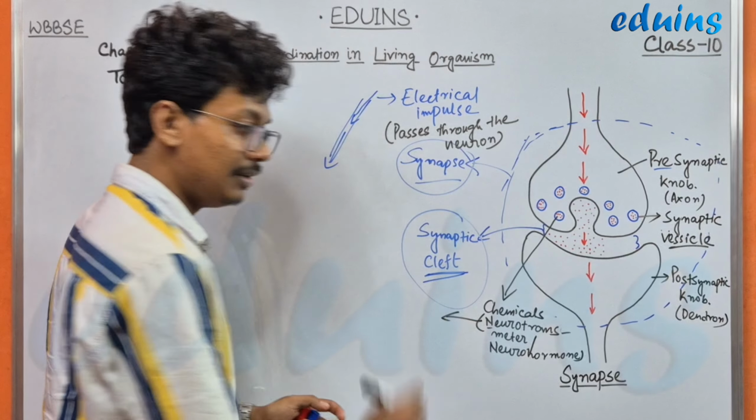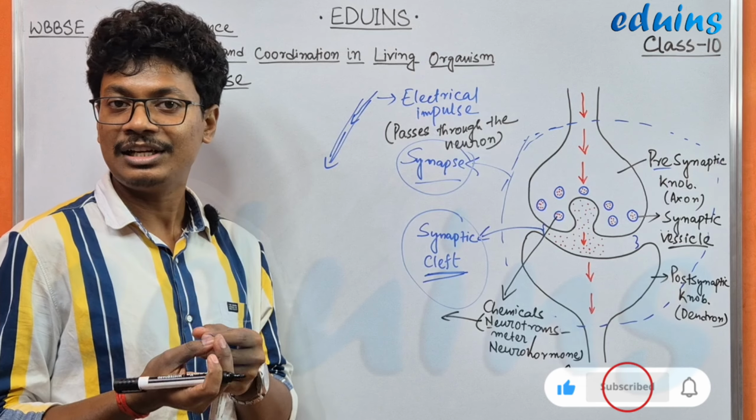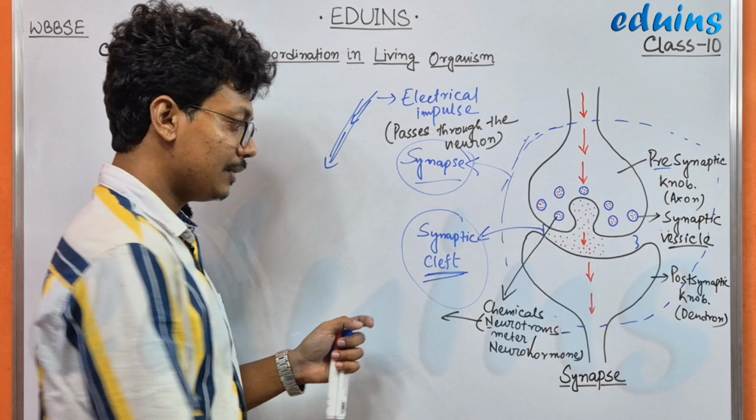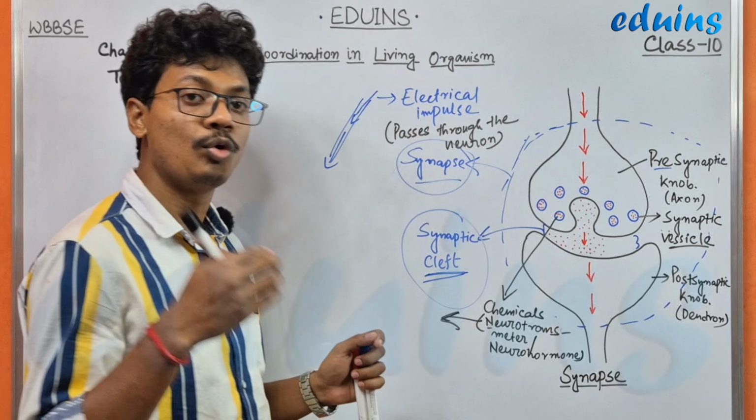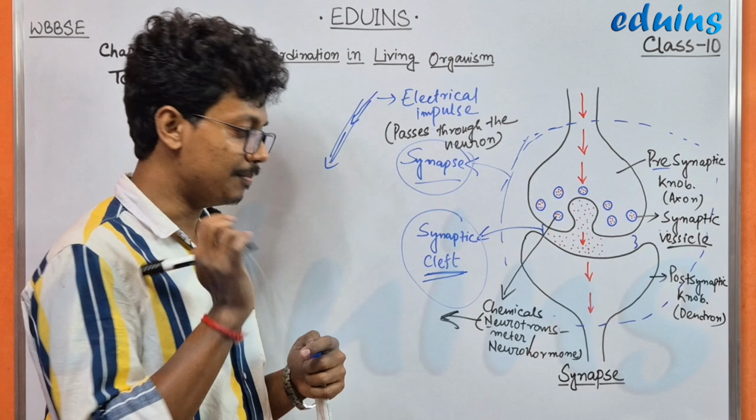What is the example? These neurohormones or neurotransmitters may be excitatory or inhibitory. That means they can promote a reaction or impulse, or inhibit some impulse.